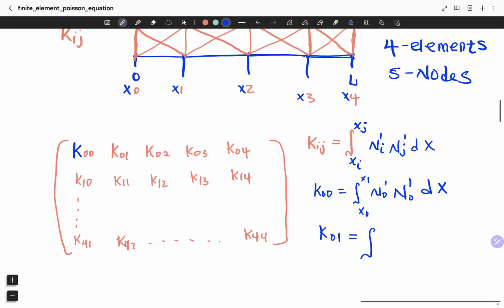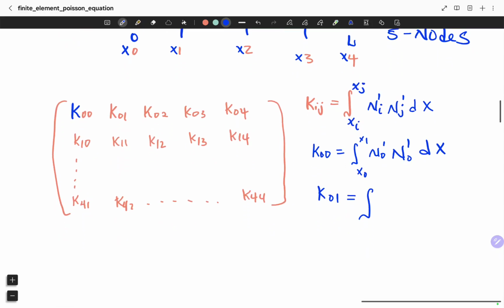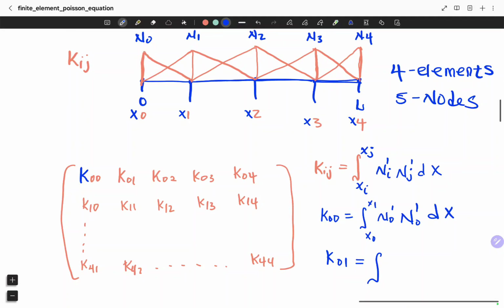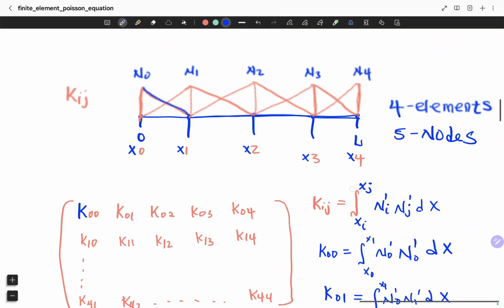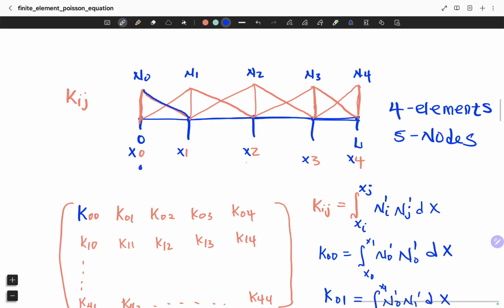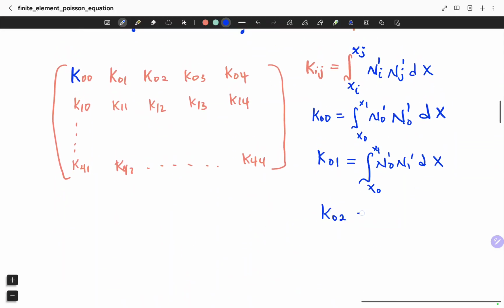From 0 to 1 is what? That's this line. The same. n0, n1 prime, from x0 to x1 dx. k02: there is no line connecting 0 and 2, so this is 0.